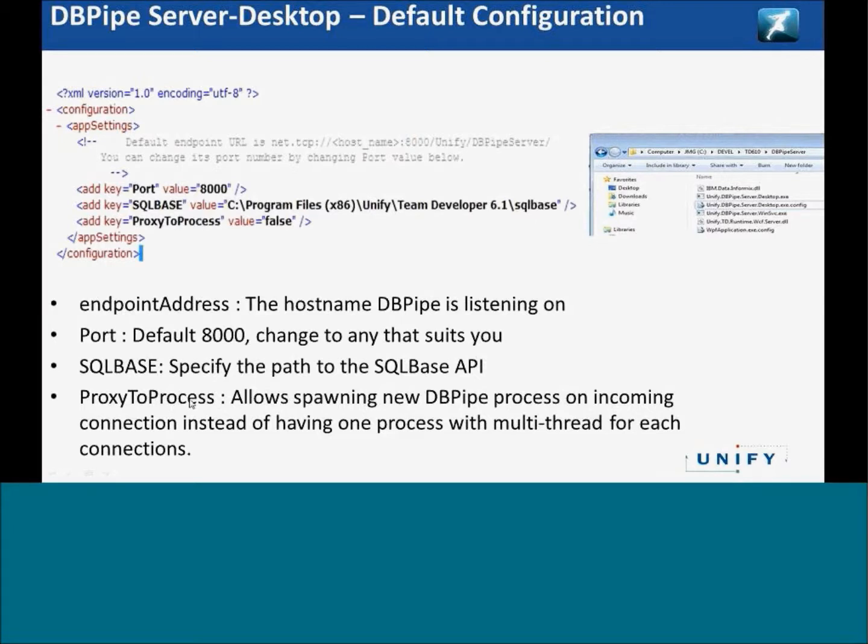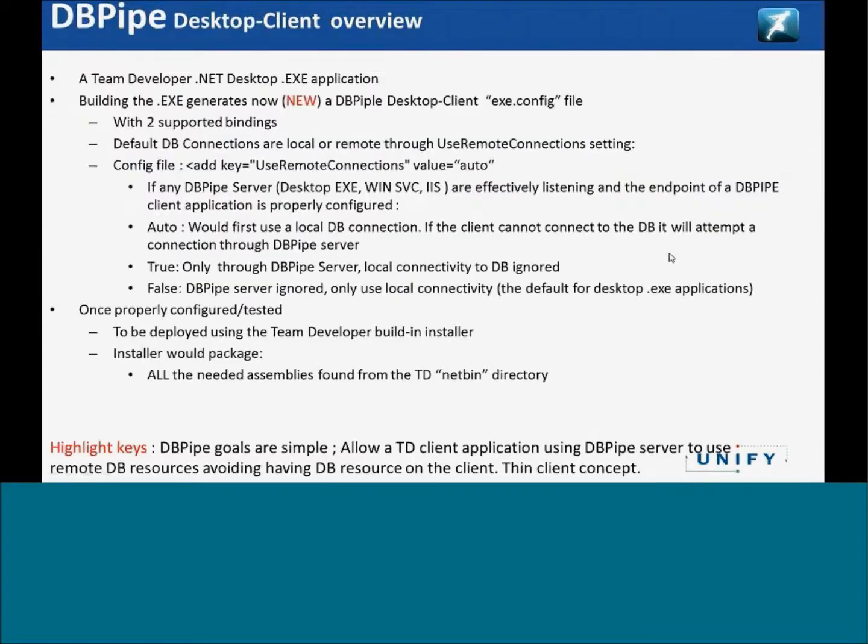And then the proxy to process setting allows you to either have one DBPipe process running with multiple threads, one for each connection handling your request, or separate them in terms of process. So if you set this value to true, you would see multiple processes in your task manager on the server.